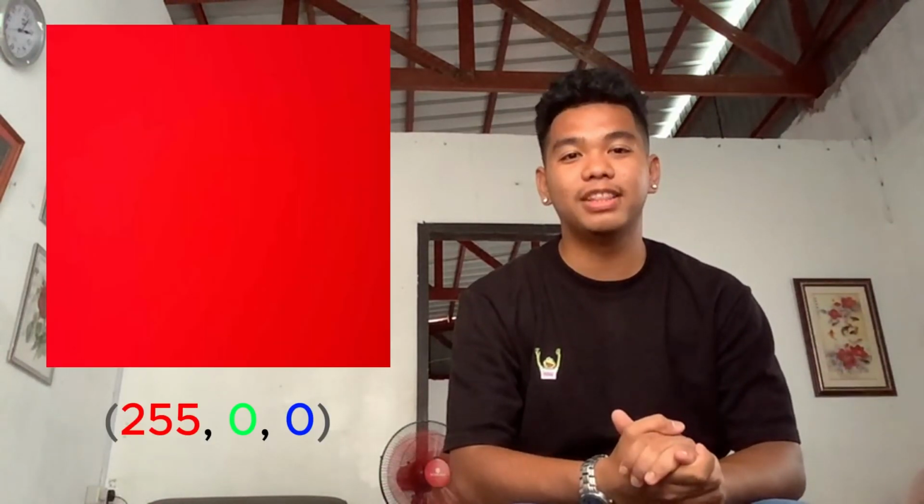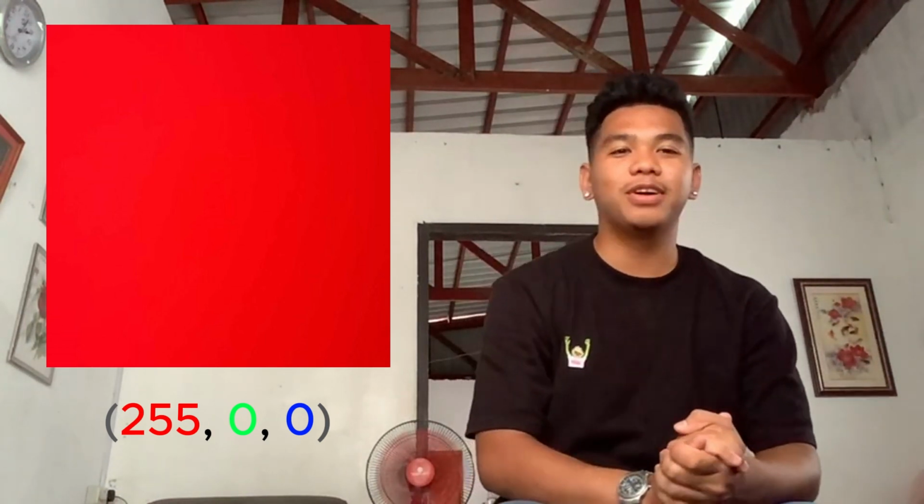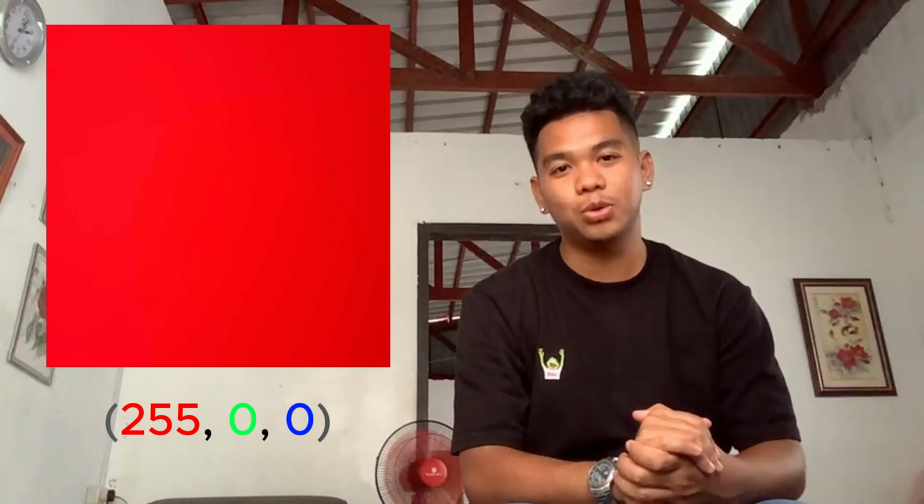Now, imagine you have a simple 2x2 pixel image like this. Here, each row represents a row of pixels, and within each row, you have 2 pixels, each with its RGB color values. The first pixel is pure red: 255 for red, 0 for green, 0 for blue.